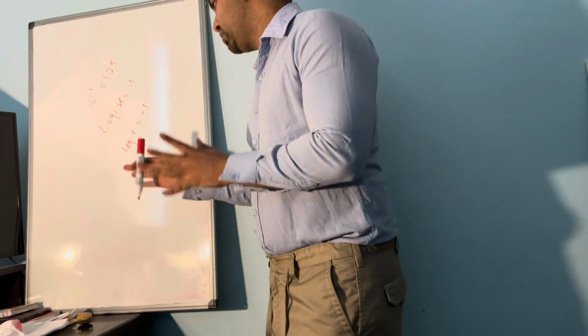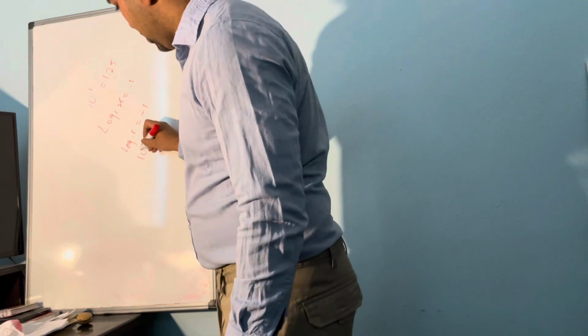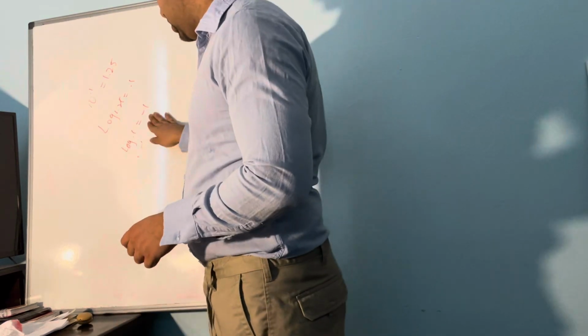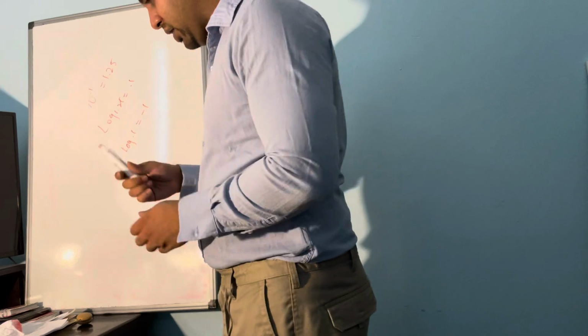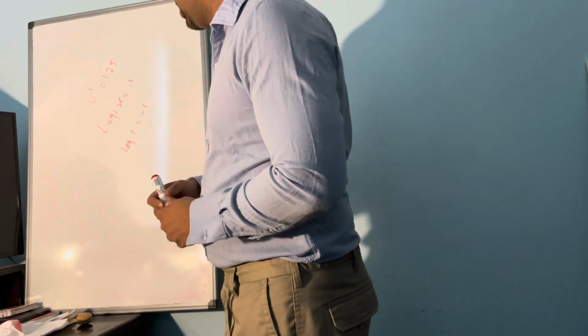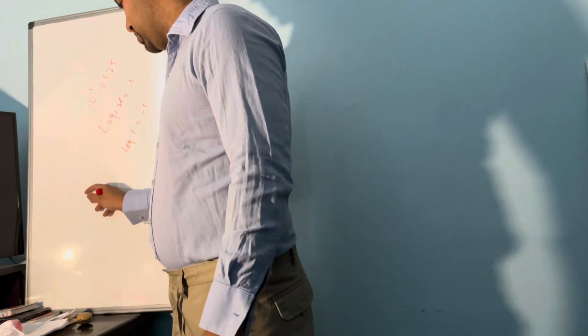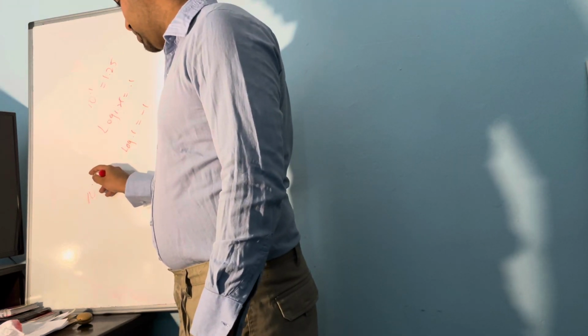So that means that 10 to the power of -1 equals 0.1, which is kind of obvious. I started off with that because I'm using the example 10 to the power of 0.9.